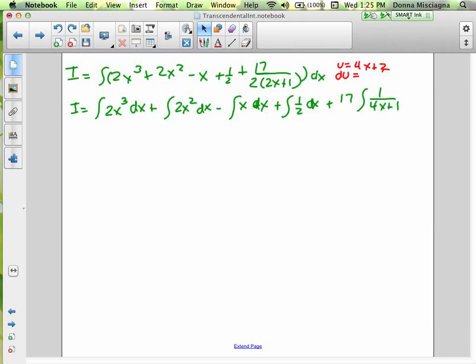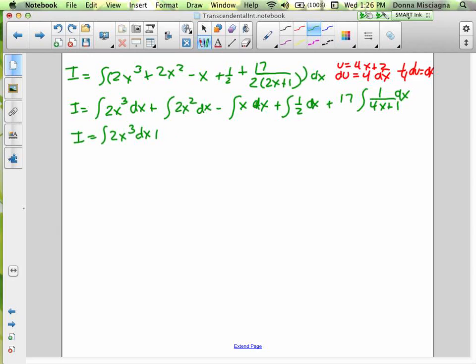All right, so let's rewrite that derivative. So the derivative of u will be du. Derivative of 4x plus 2 is 4 dx. Right? We don't have a 4 in the numerator, but we do have a dx. Let's divide both sides by 4. So now 1/4 du is dx. All right? So we'll just replace that. I'm not going to do any integrating yet.